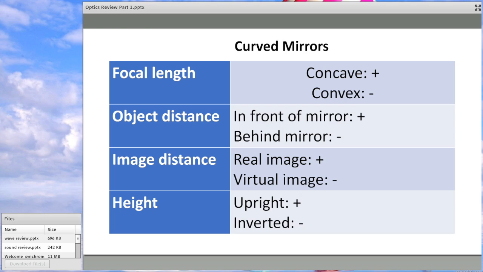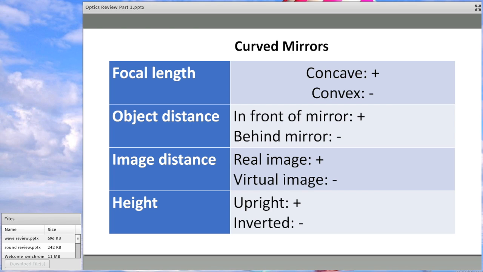If your object is put in front of the mirror, which most objects are, because it doesn't really make sense to put your object behind the mirror, then it's going to be a positive object distance. If your object is upright, which most of your objects are, it'll be positive.